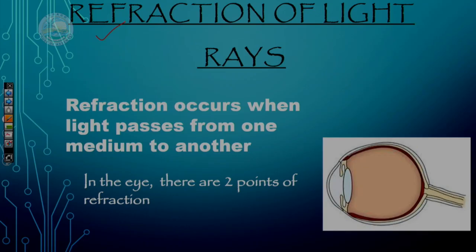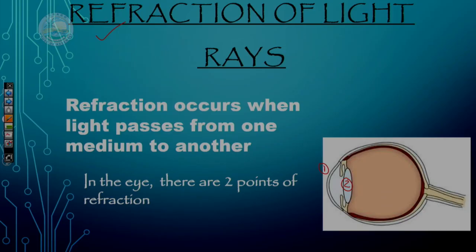We talked about the cornea, which is 1, and the lens, which is 2. Now, you can't do anything about the cornea because, one, the refractive index at the cornea is very small, and also the cornea is very stable. It doesn't change. So the only area where we can adjust the refraction is by the lens.